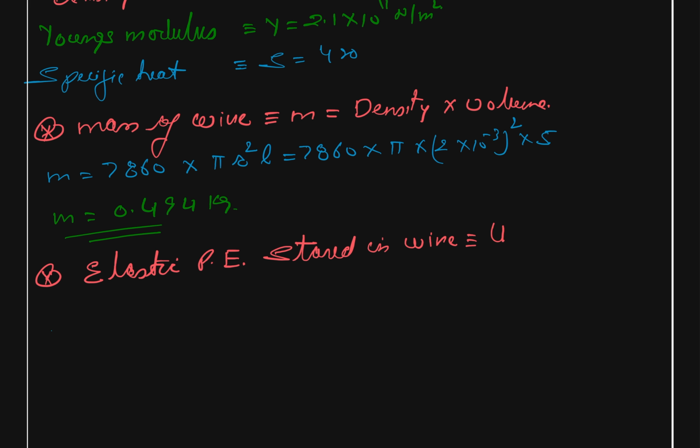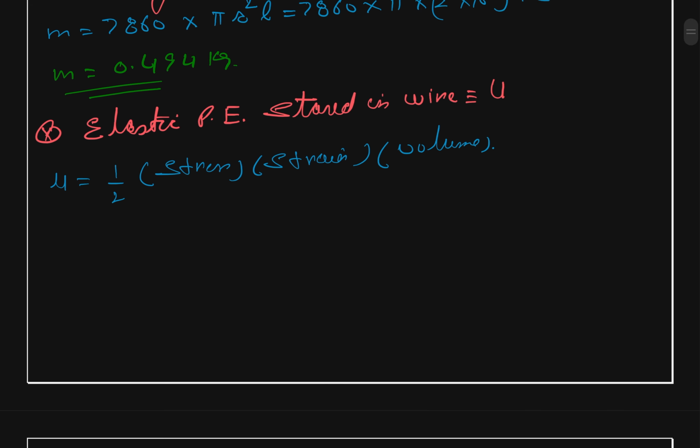Therefore we can write U will be equal to half, stress multiplied by strain and multiplied by volume. And we substitute their respective formulas. We get this as half, stress will be equal to mg divided by pi r square.